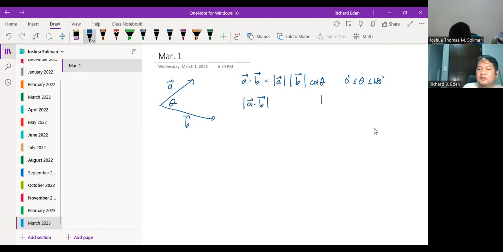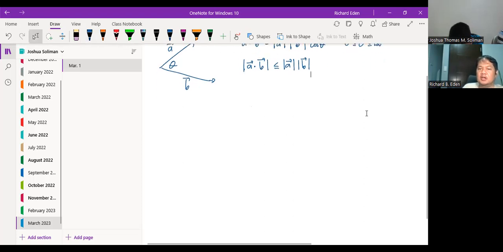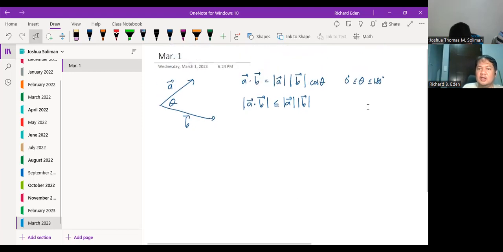And so the only thing left is the absolute value of cosine theta, which is less than or equal to 1. So therefore, this absolute value of the dot product is less than or equal to the length of vector A multiplied by the length of vector B. So that's sort of an upper bound on the dot product of two vectors.